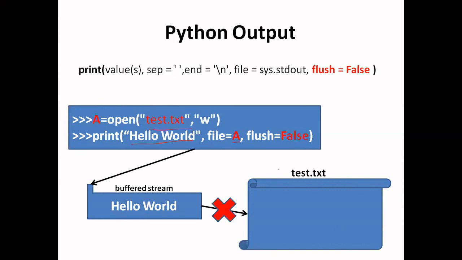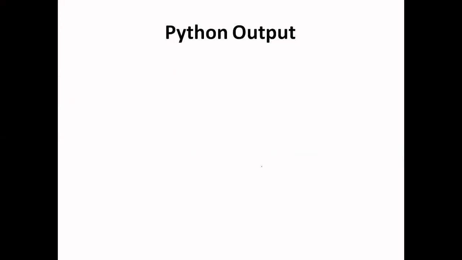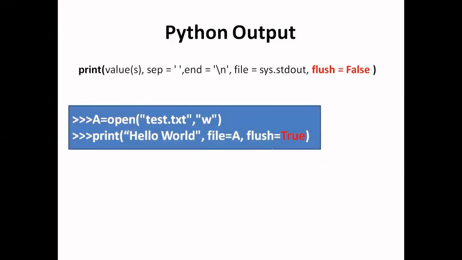Suppose we want this string to be written into this file. That means we want a forceful buffer stream flush, so we can set flush equals to true. In this example I have written flush equals to true, so this statement will flush out the buffer stream forcefully.